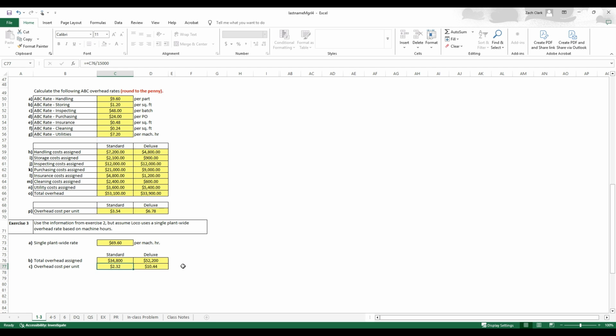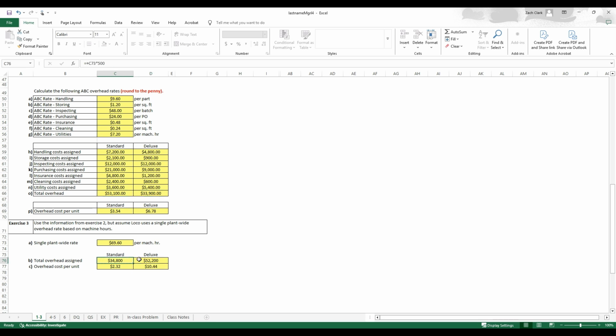So it becomes a relatively significant difference when you look at total overhead, compared to here, we got 53,000 compared to 34,000, and 33,900 compared to 52,000. Those are some pretty big differences.